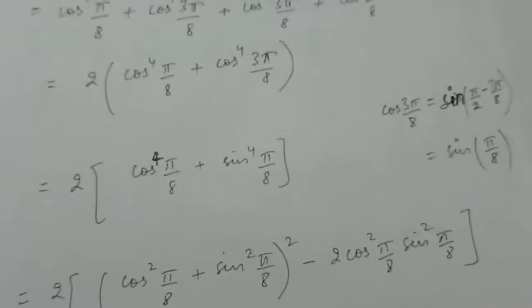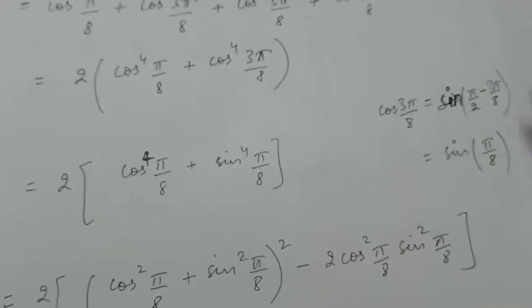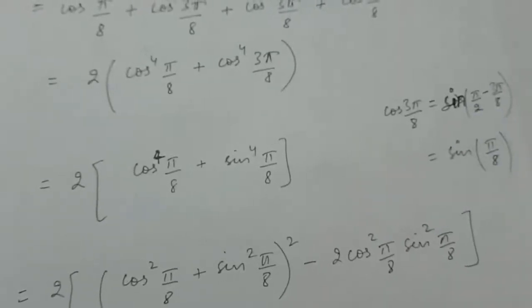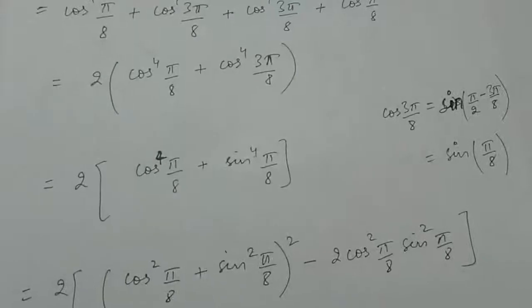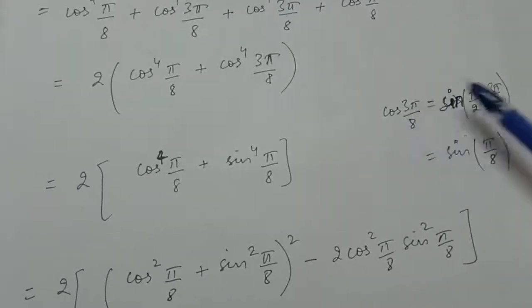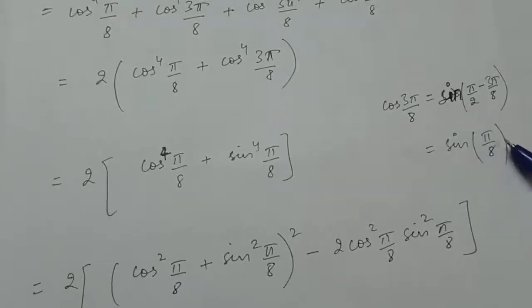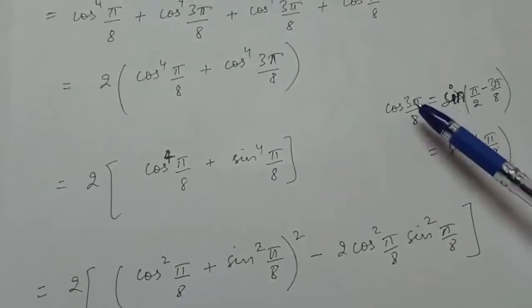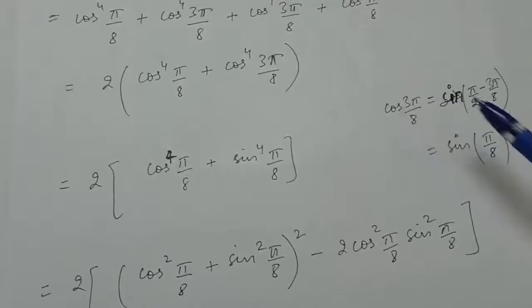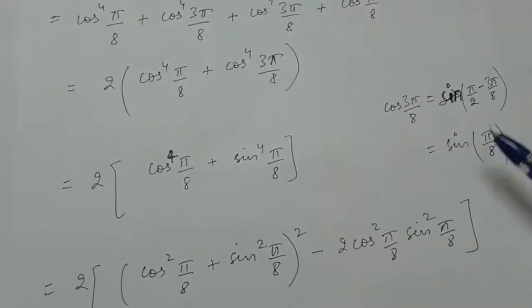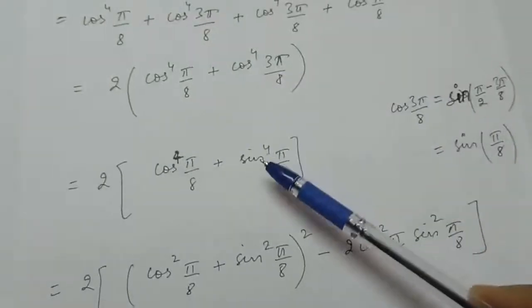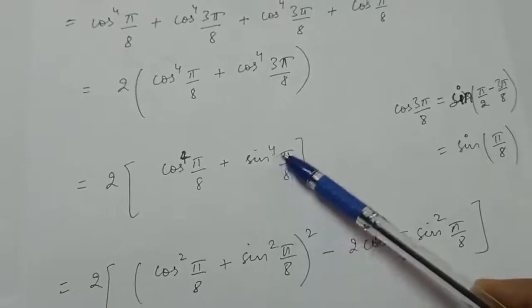So because sin pi by 2 minus 3 pi by 8 is equal to cos 3 pi by 8, therefore we can write down this as equal to this. Now solve this, it will be equal to sin pi by 8, right? So this raised to the power 4 will be equal to this raised to the power 4. So in place of this I am writing sin pi by 8 raised to the power 4.